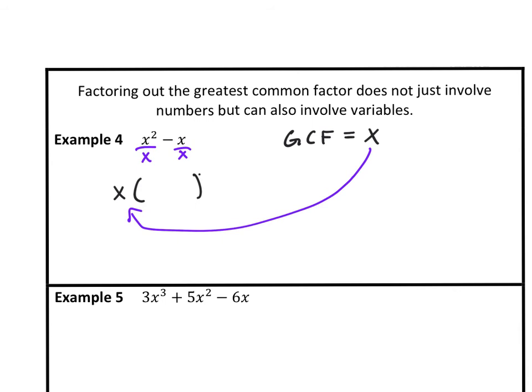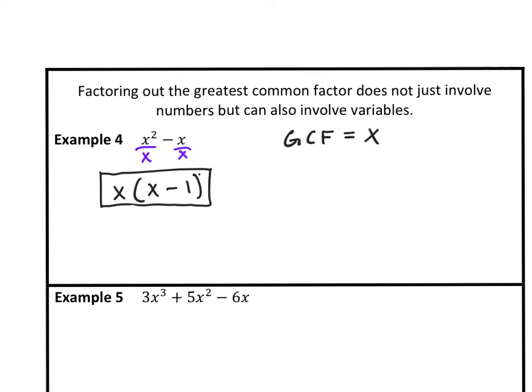It's x squared divided by x gives me an x. Bring down the minus, and then what's x divided by x? Something divided by itself is 1. So this is my factoring. Let me erase this arrow here.